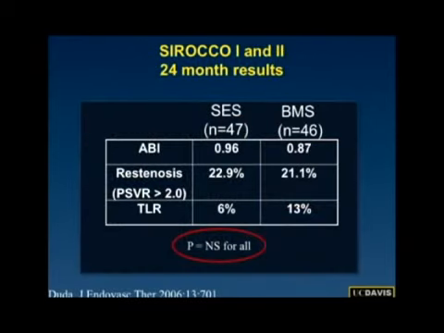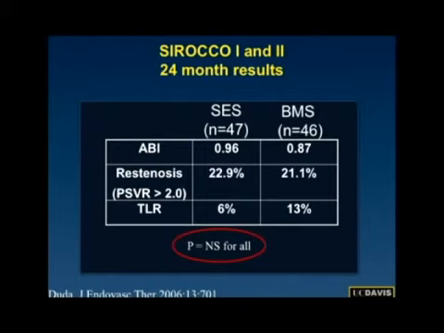And if you pulled the data from Sirocco 1 and 2 using the longer eluting formula, it was negative. There was no sustained reduction or change in clinical events at 24 months. So after that effort, perhaps disappointing to many, that investigation by Johnson & Johnson Cordis was discontinued.